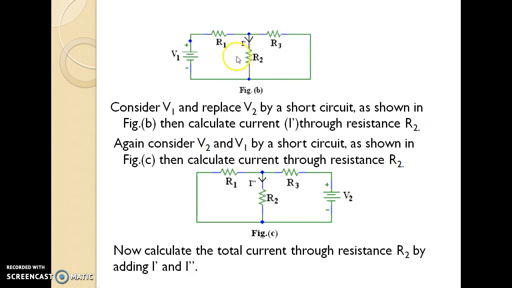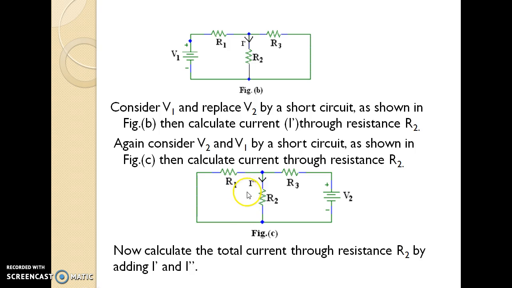Now we have to calculate I1, which will be calculated by the voltage divider rule. Here we get the current through the resistance R2. Next, we calculate the current through the resistance R2 when V2 is acting alone and V1 is replaced by a short circuit.